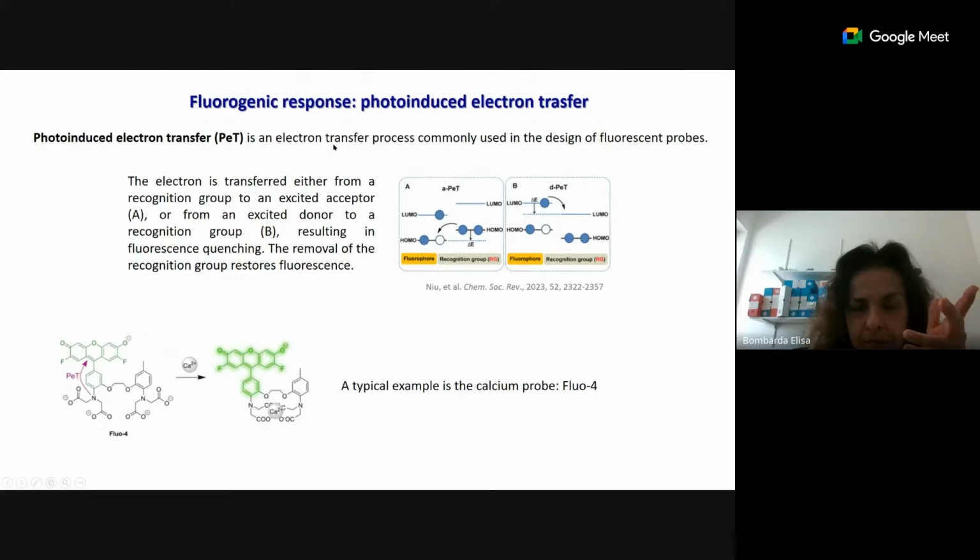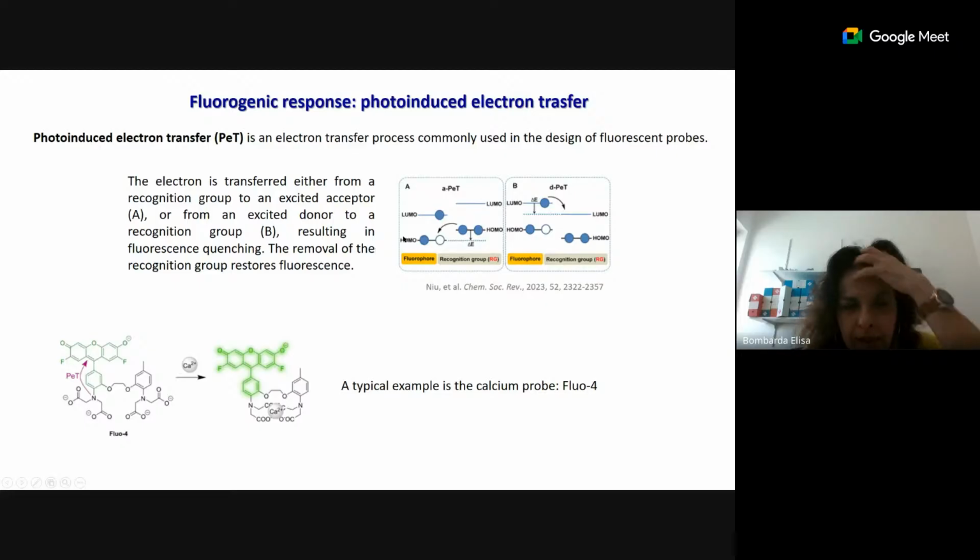a chemist that wants to design a probe actually has to know these things, because he has to design the molecular scaffold of the molecule in order to favor such type of mechanism.